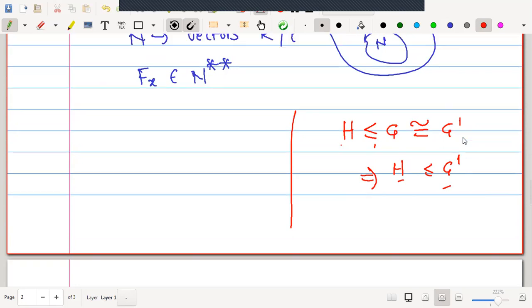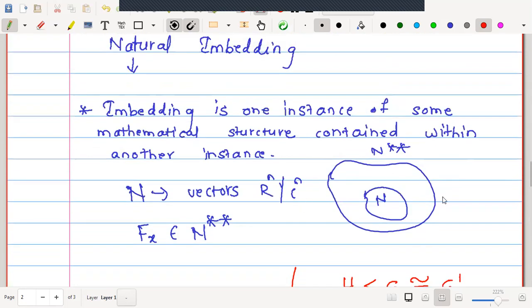Though N is not directly a subset of N double star, in some sense we are saying that N is contained in N double star, that is, in the sense of isometric isomorphism. Therefore, the name itself tells us the meaning: N is naturally embedded into N double star.